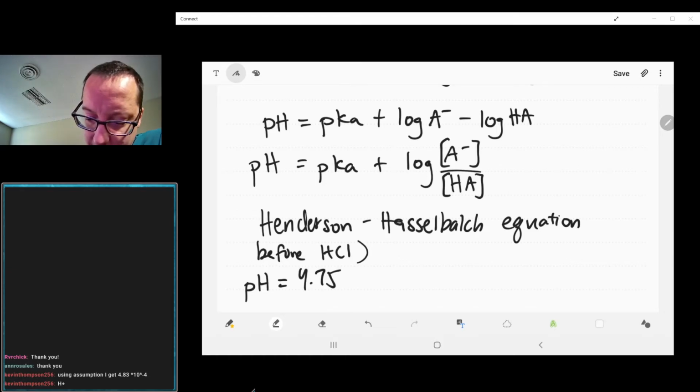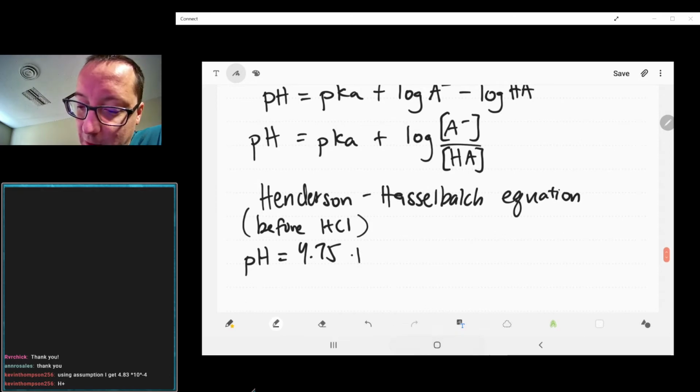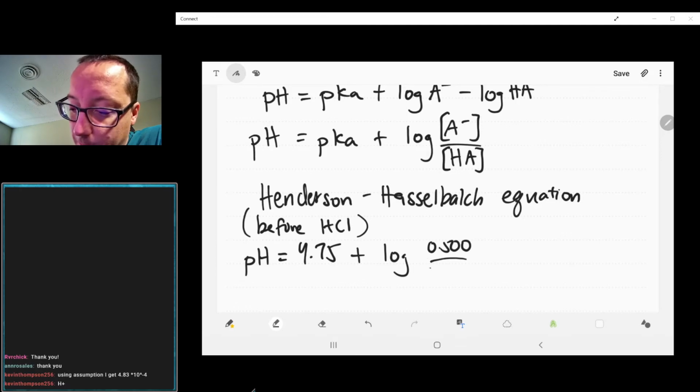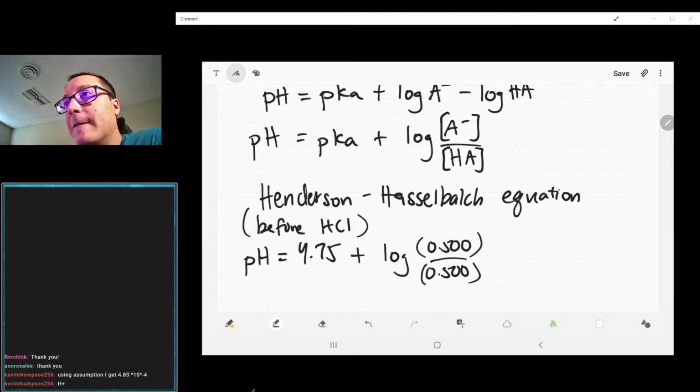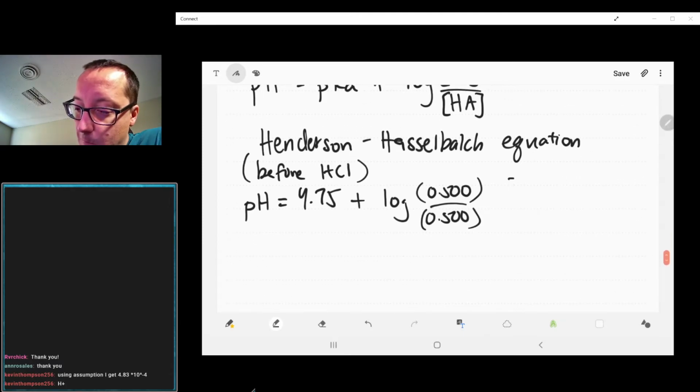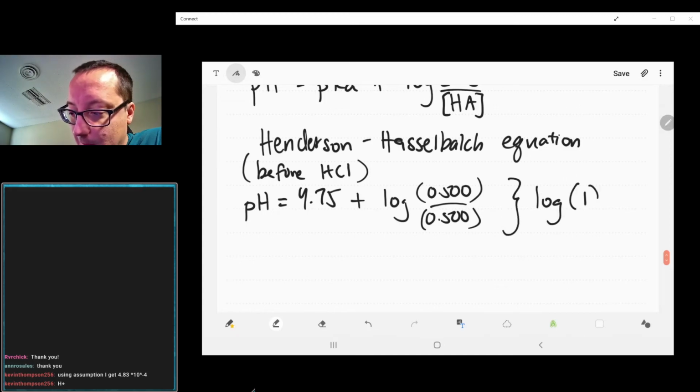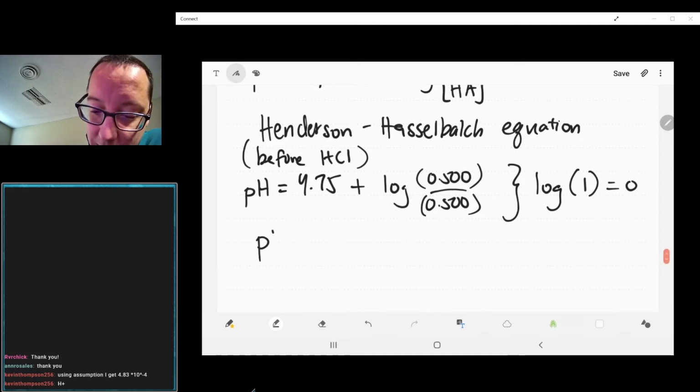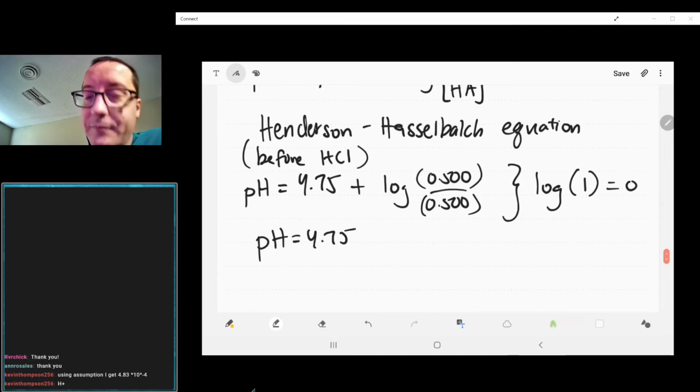Before we added the HCl, we had equal concentrations of each one, right? Nothing changed there. Remember that the log of 1 is 0. So the pH for that original solution was 4.75. pH equals pKa when we had equal amounts of each one.